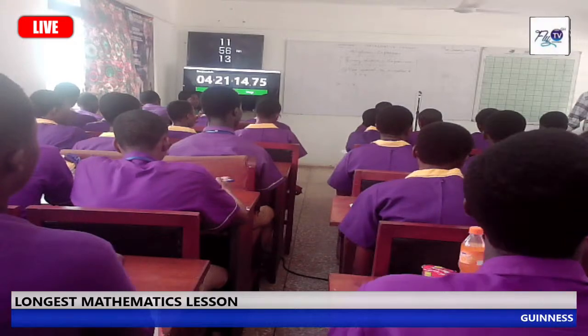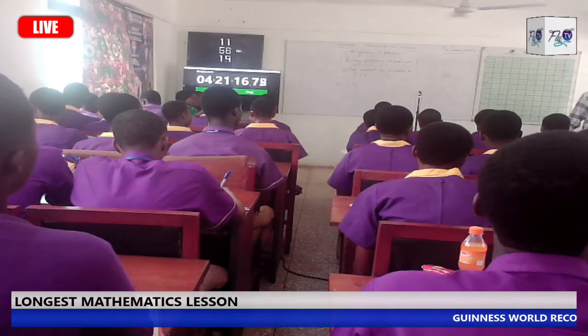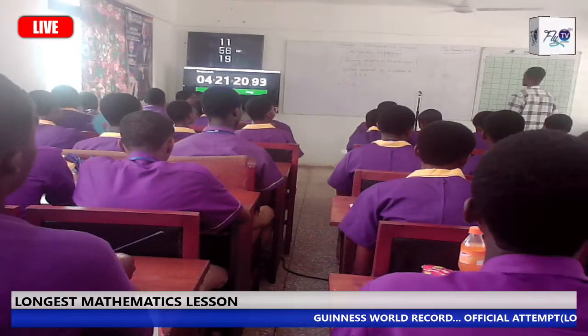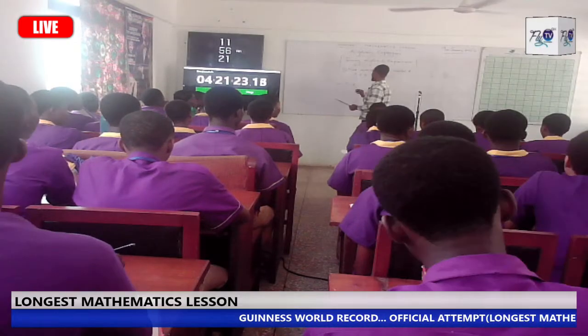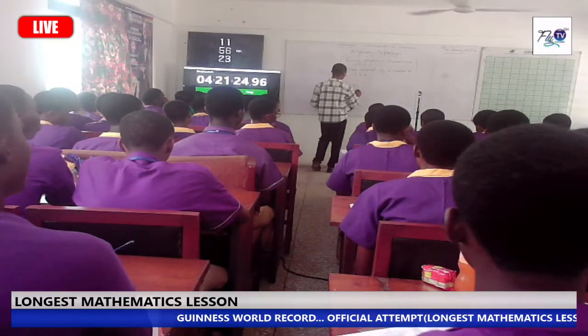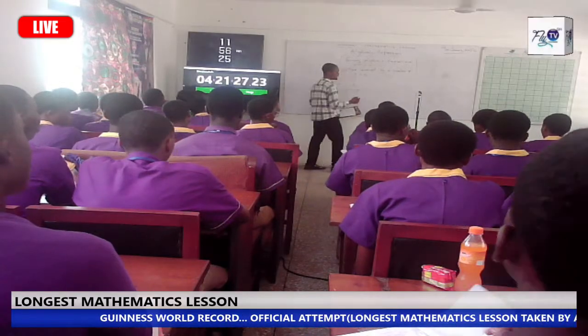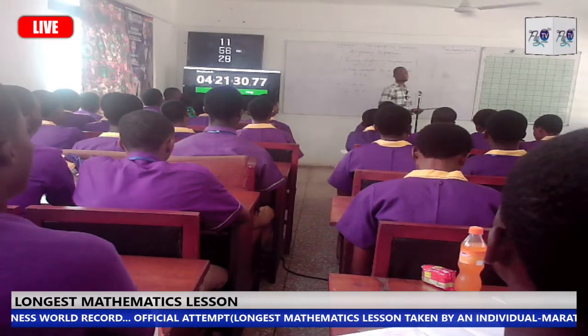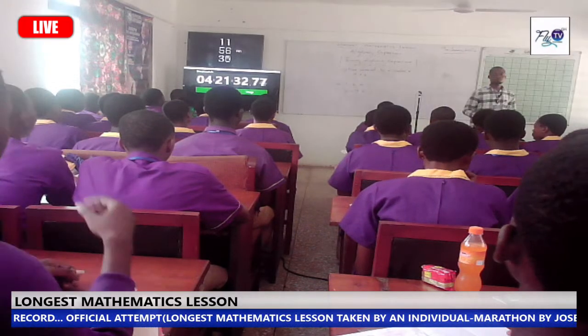So 7 less than a number. So 7 is being subtracted from a number. And the expression supposed to be x minus 7. So does it mean that the results of this and this are different? Yes.